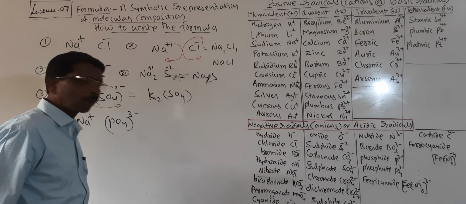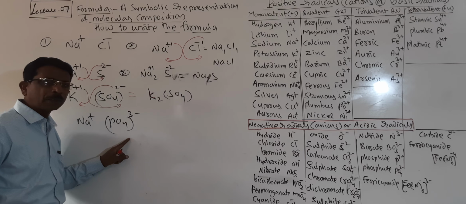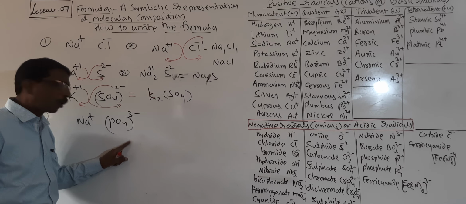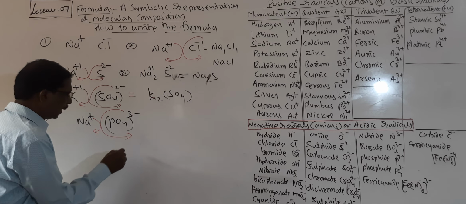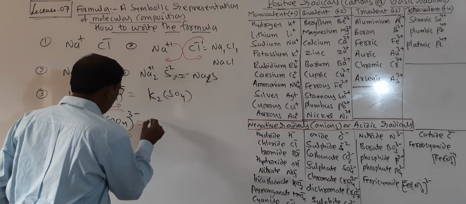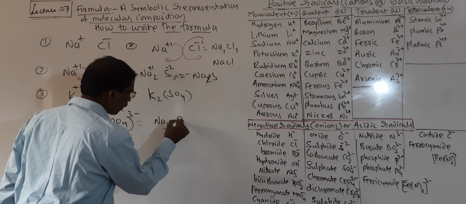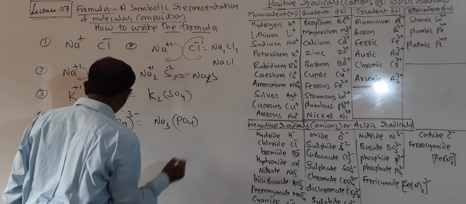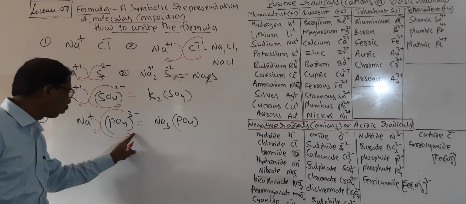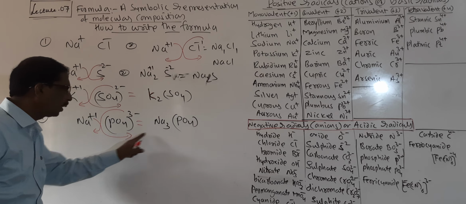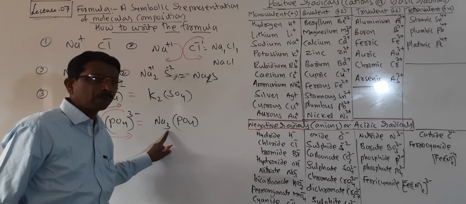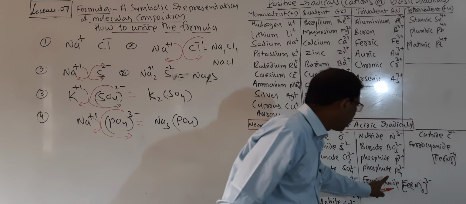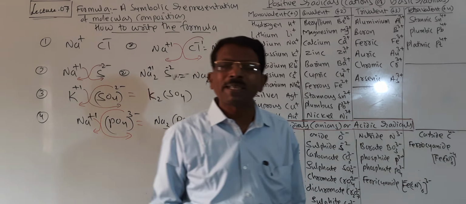Look here, Na plus and PO4 3 minus. Cross multiply again. This 3 is multiplied here and 1 is multiplied here, then it becomes Na3PO4. Sodium phosphate, very simple.